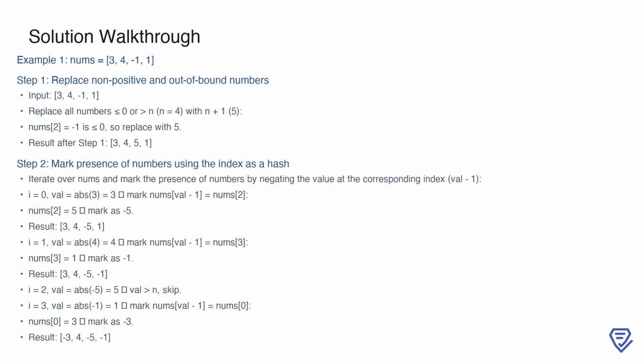At i equals 1, val equals 4, so we mark nums[3], which becomes 3, 4, -5, -1. At i equals 2, val equals 5, but since it is greater than n, we skip it. Finally, at i equals 3, val equals 1, we mark nums[0], giving us the final state for this step, -3, 4, -5, -1.